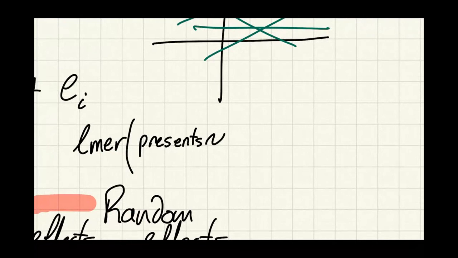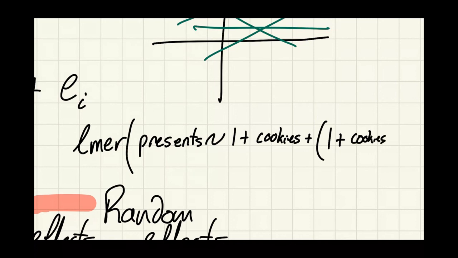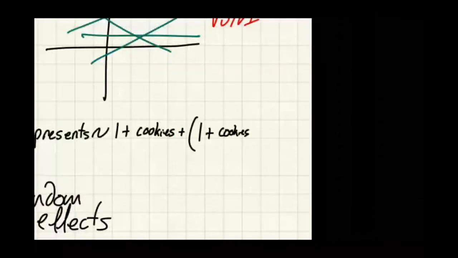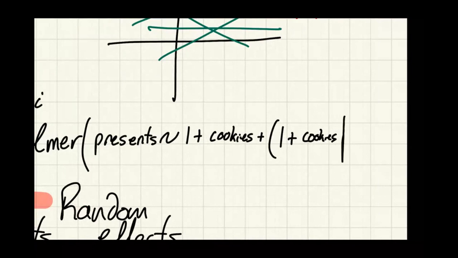So it's going to be the number of presents is a function of 1 plus the cookies plus the random terms, 1 plus cookies which vary by is nice.